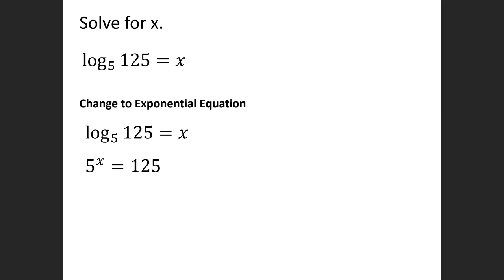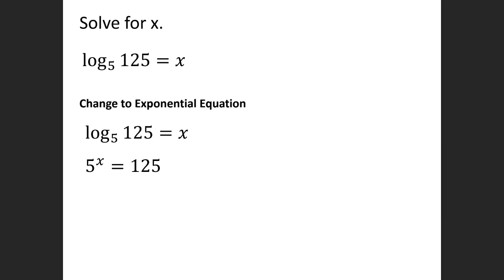If we see here, the log of base 5 of 125, this is its input and this is its output. The same equation in exponential form has a base 5, just like my log. The exponent is the output of my log, and the input of the log is the output of my exponential equation. Now we can do what we did last week.